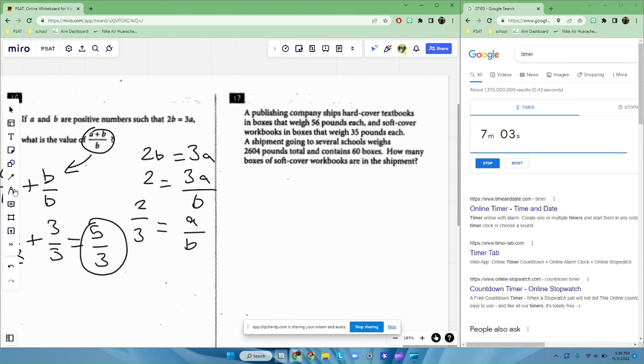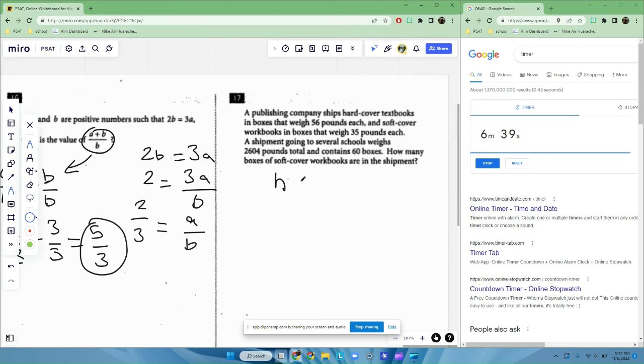All right, last problem. A publishing company ships hardcover textbooks in boxes that weigh 56 pounds each, and softcover workbooks in boxes that weigh 35 pounds each. A shipment going to several schools weighs 2,604 pounds total and contains 60 boxes. How many boxes of softcover books are in the shipment?